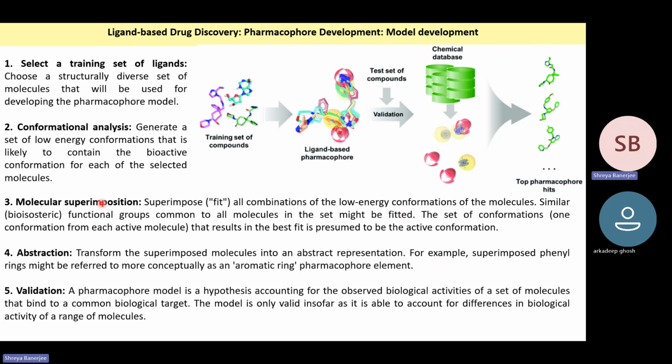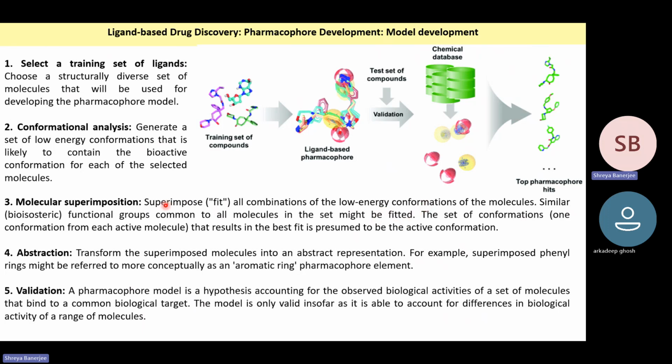The third step consists of molecular superimposition, where this combination of low energy conformations of the molecules are superimposed with each other to find the functional group that is common to all the molecules.